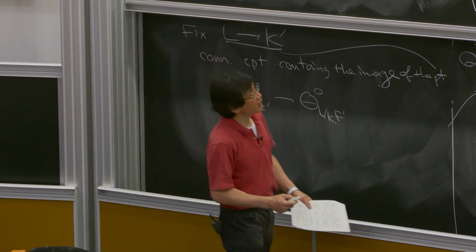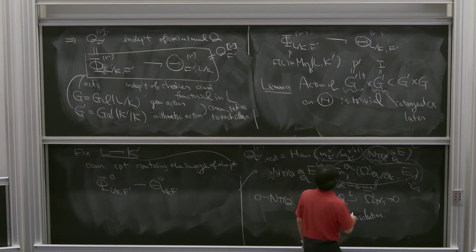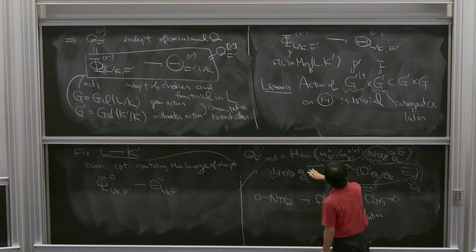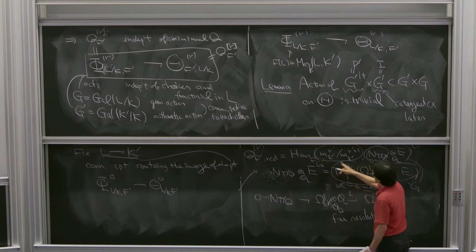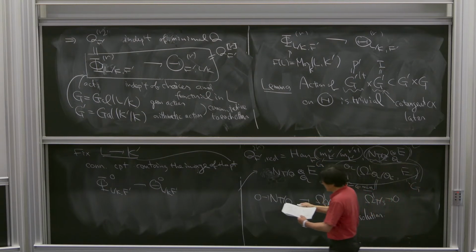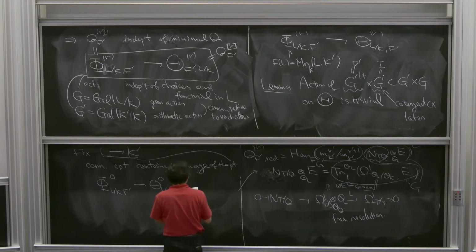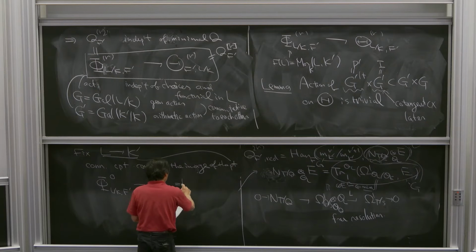Now, before taking the connected component, we look at the moduli over F, but by fixing this, this is a vector space over F prime.